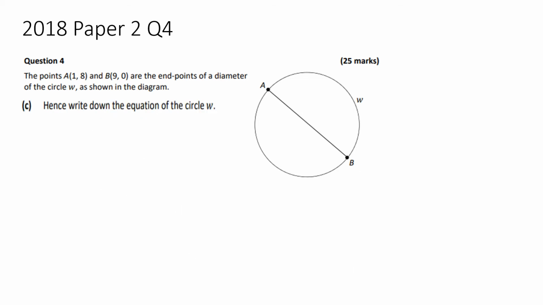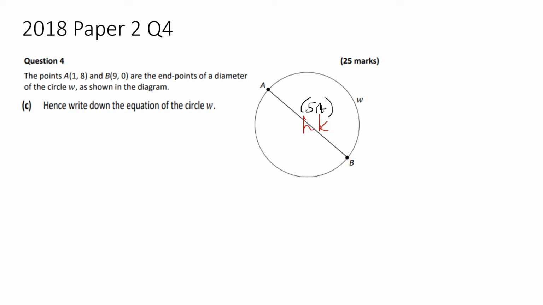For part C then, what they're asking you to do here is write down the equation of the circle. From our last question, we should remember that the center was (5, 4). It's a good habit to label that as h and k, remember?